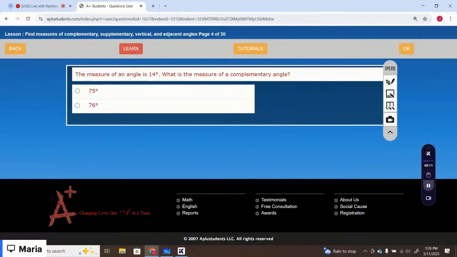The measure of an angle is 14 degrees. What is the measure of a complementary angle? So, which is the correct option?